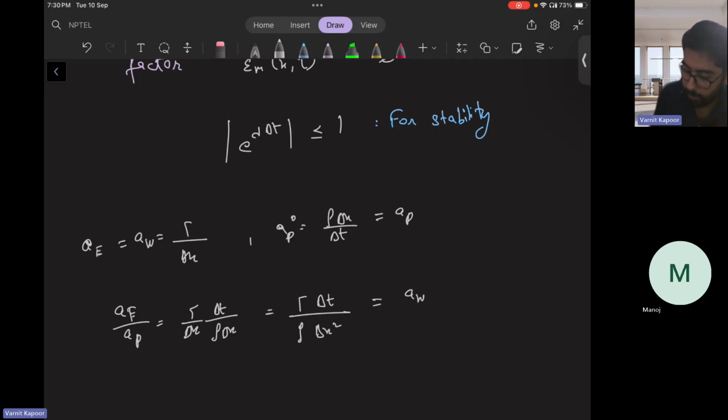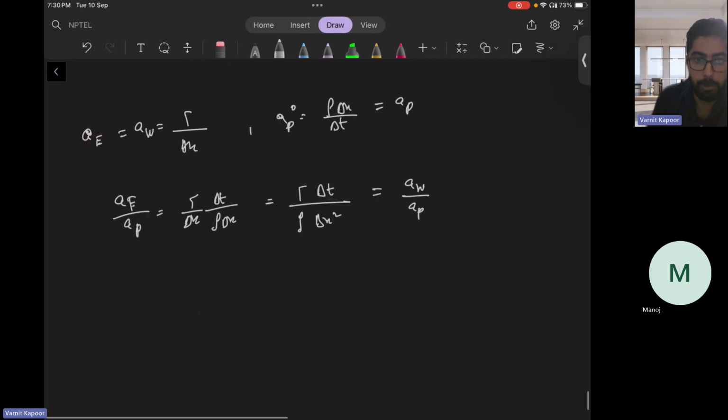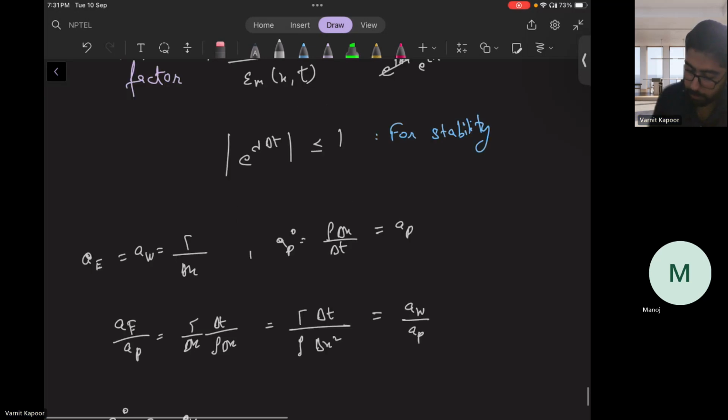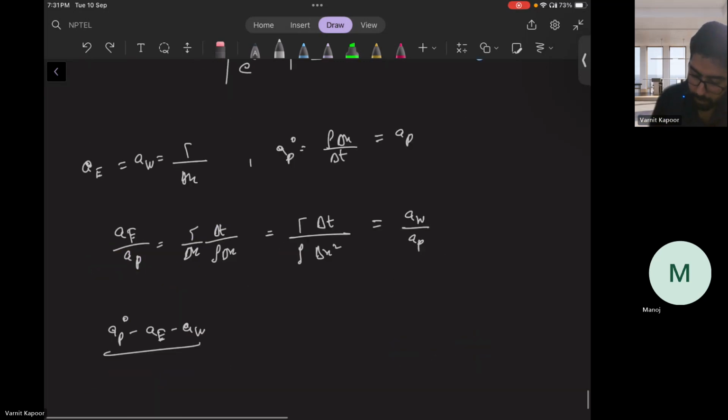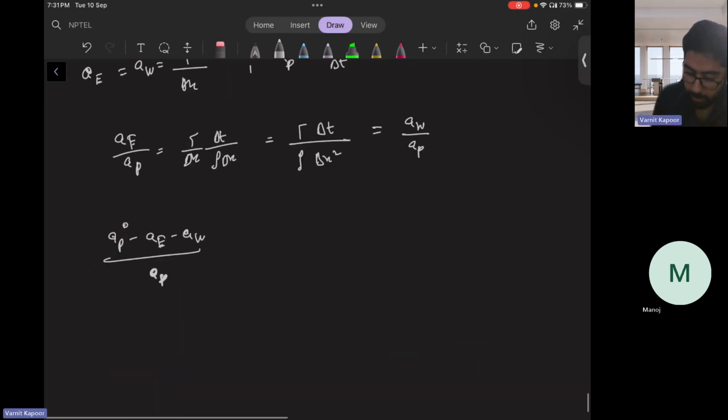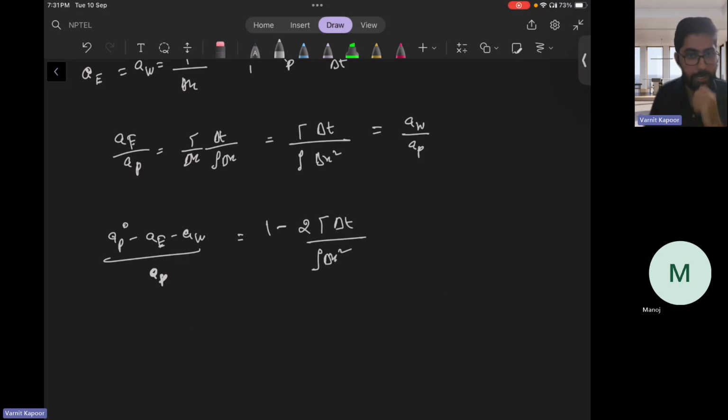That is equal to aW by aP as well. If you put these in the third term, aP naught minus aE minus aW, divided by aP, this term will be 1 minus 2 gamma delta t over rho delta x squared.